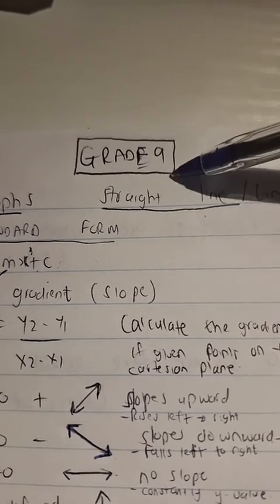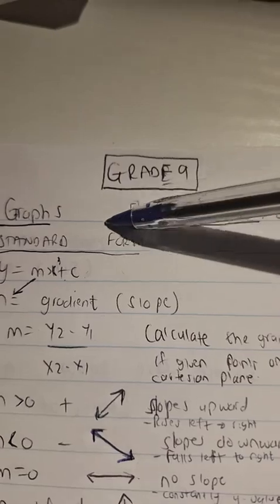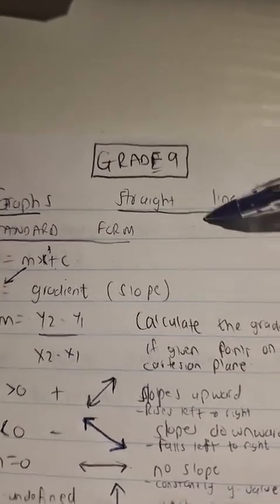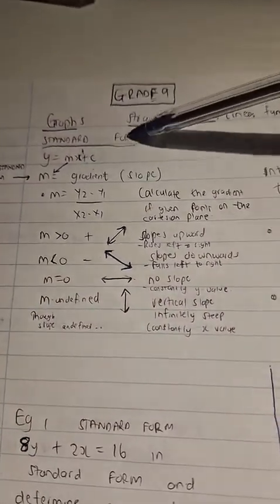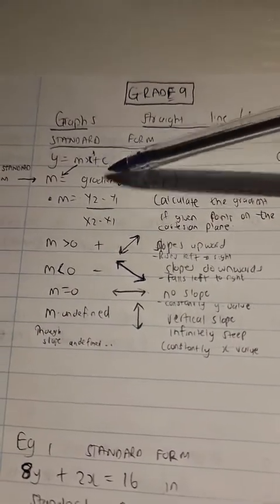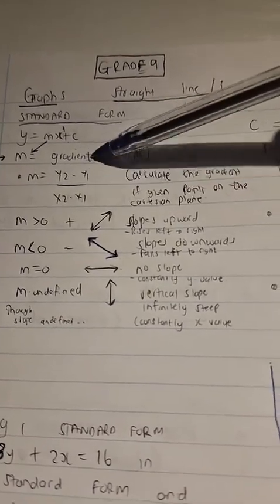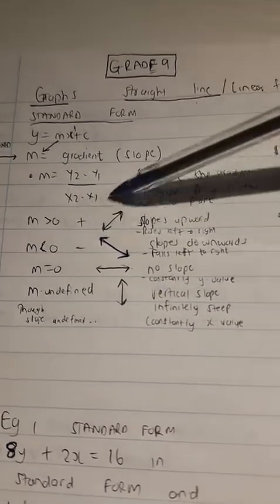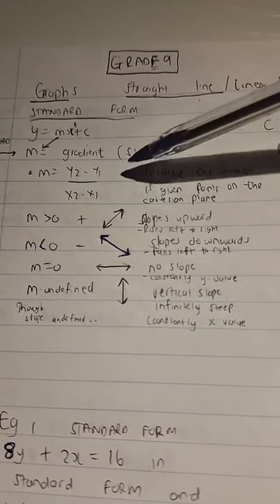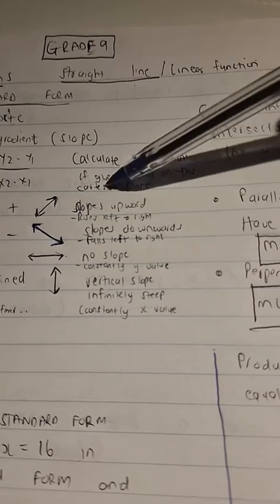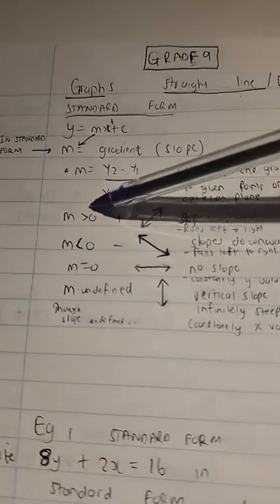Yesterday I did a live on grade 9 straight line functions, and we went a bit deeper into the standard form of a straight line function, the gradient, what gradient is, the fact that gradient is a slope. We looked at the formula for calculating gradient when we are given coordinates or points on a Cartesian plane.